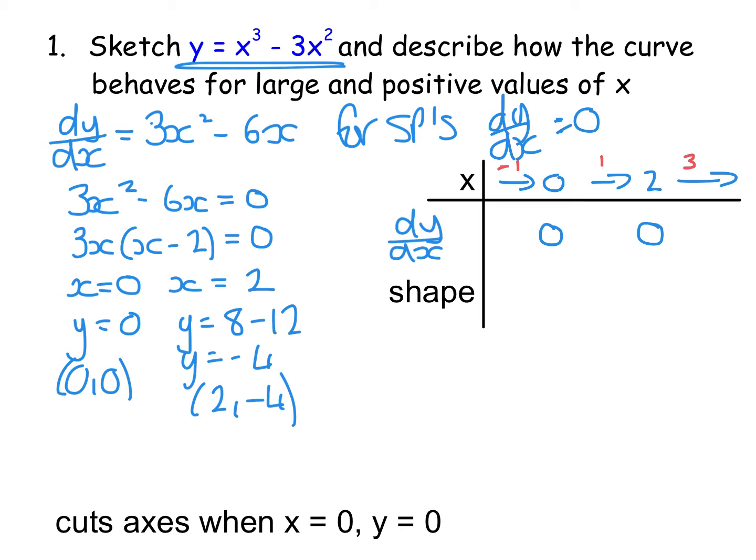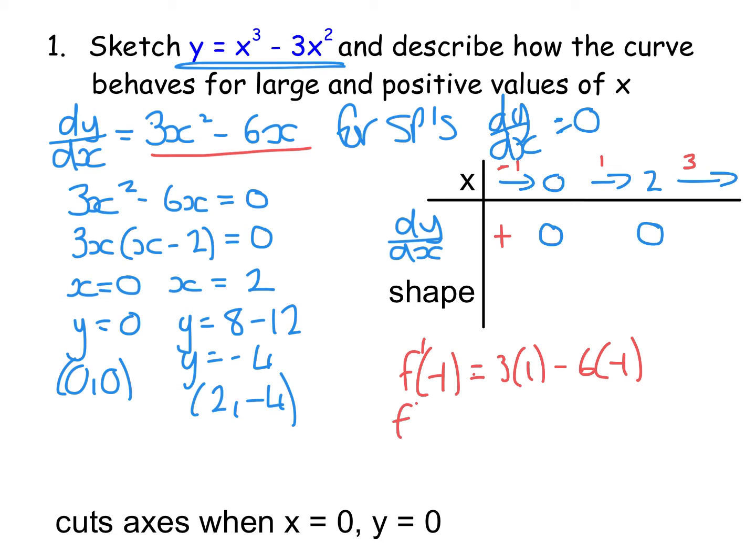So when I go to do my substitution, this next little bit in red working is optional. It's just to show you where I'm getting these numbers from. If I plug in f dashed minus 1, remember I'm plugging it into this bit here. This is where I'm substituting into f dashed x. If you put minus 1 in there, well, minus 1 squared is 1. So you've got 3 times 1, take away 6 times minus 1. Now that becomes a double negative, so you have 3 plus 6, so that's positive.